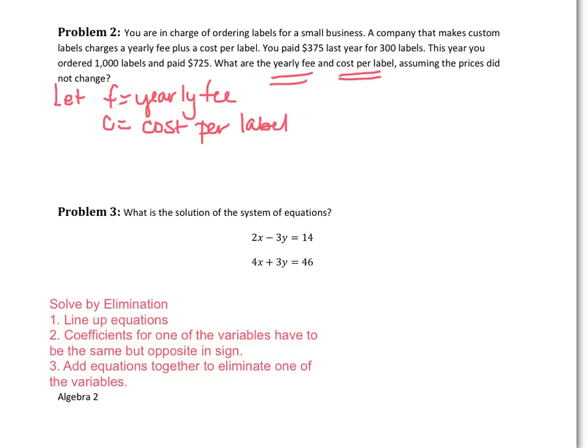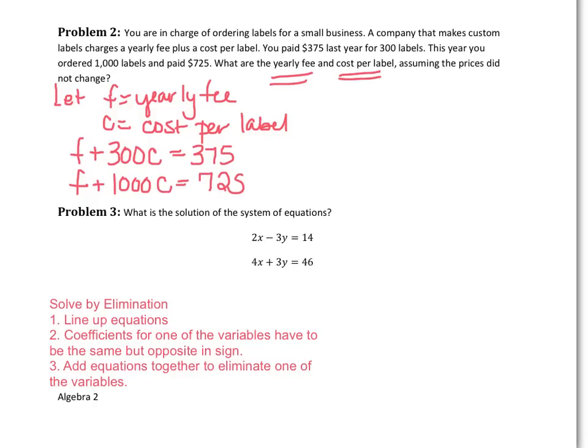So the first equation that we're going to write is f plus 300 times c, 300 being the number of labels, c being the cost, equals 375, the total. And then the second equation would be the cost per year, which would be f plus 1,000c equals 725.